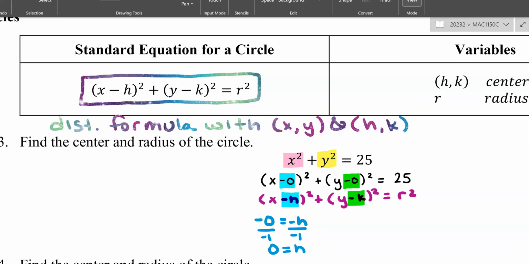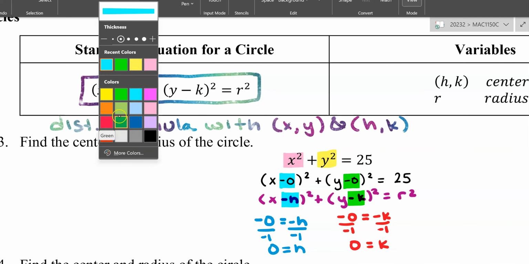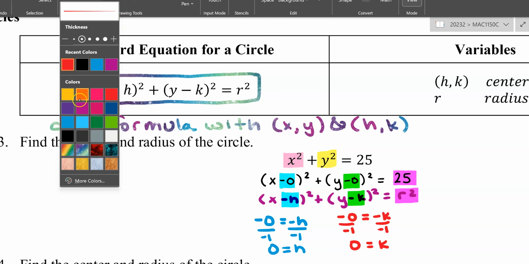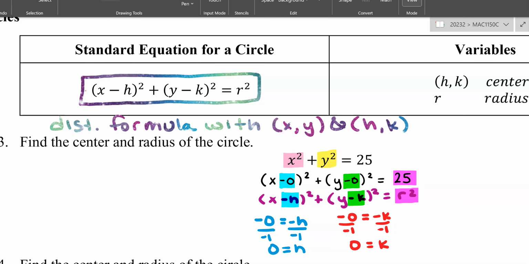So I can say that minus 0 equals minus k. And to figure out k, I'll just divide everything by -1, and I get 0 equals k. And then the last thing that I'm going to line up is 25 with r squared. So I'm going to say that 25 is equal to r squared.